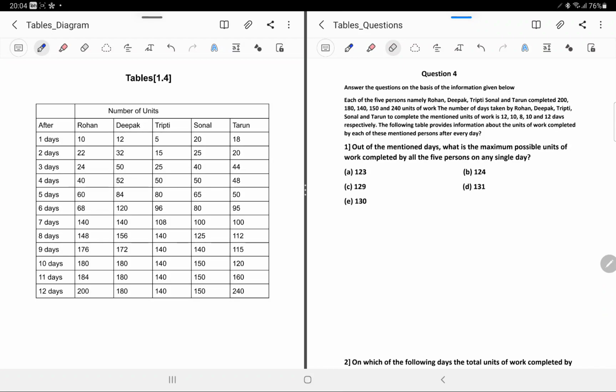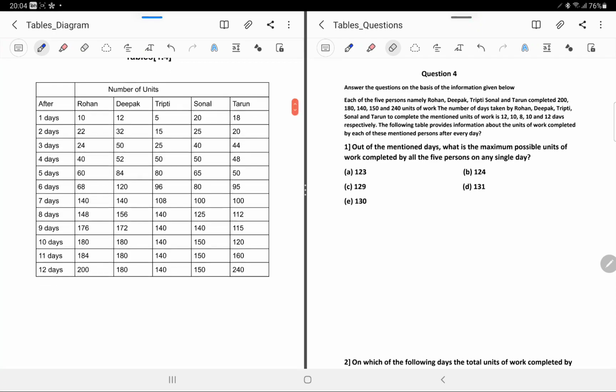The number of days taken by Rohan, Deepak, Tripti, Sonal and Tarun to complete the mentioned units of work was 12, 10, 8, 10 and 12 days.